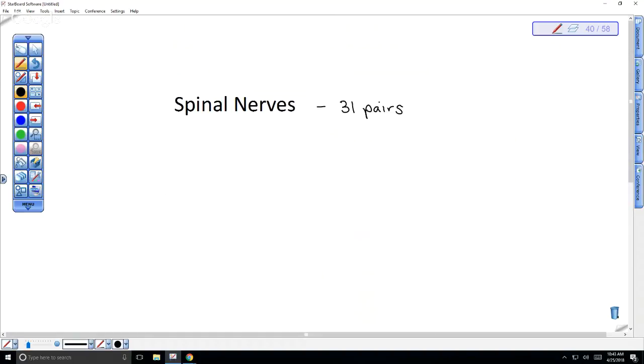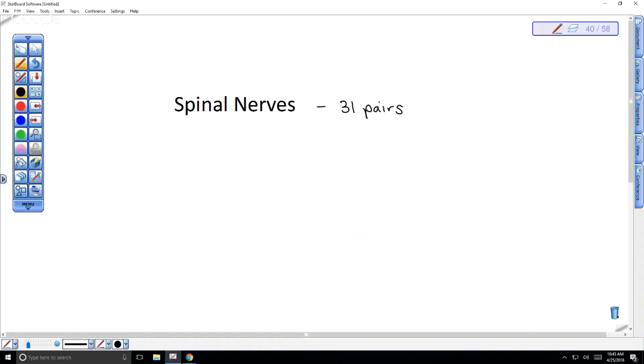So there's actually 8 cervical instead of 7 cervical. You learned that there were 7 cervical vertebrae, but there's a spinal nerve that comes out the top, and that is considered the first. So there's actually 8 cervical nerves rather than 7. So remember that one way to learn that is it's like breakfast, lunch, and dinner. So it's like 8, 12 is the thoracic, and then 5 is the lumbar.